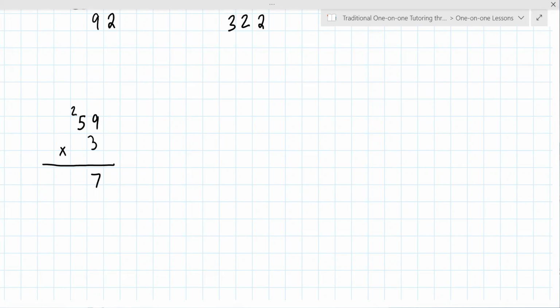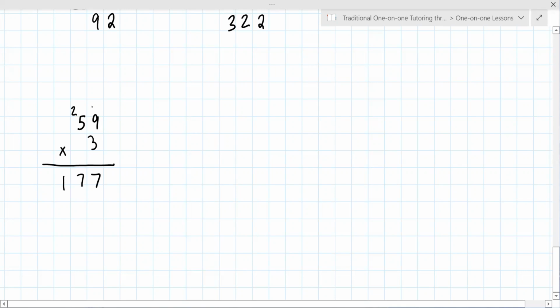That is 15, and so you add the 2. 17. Yeah, you do the adding after that. Okay.